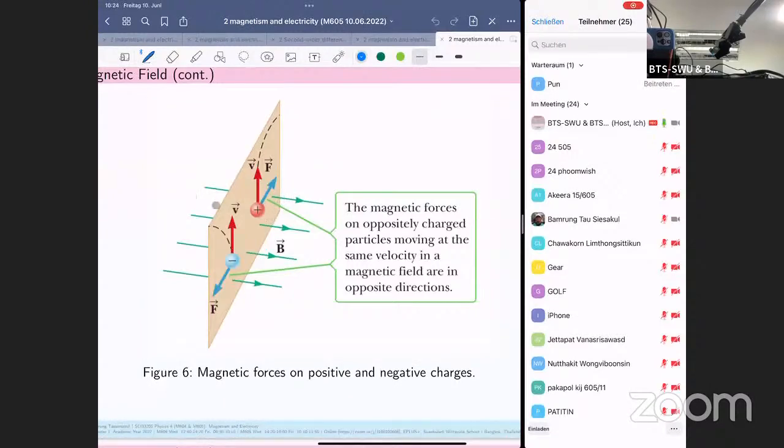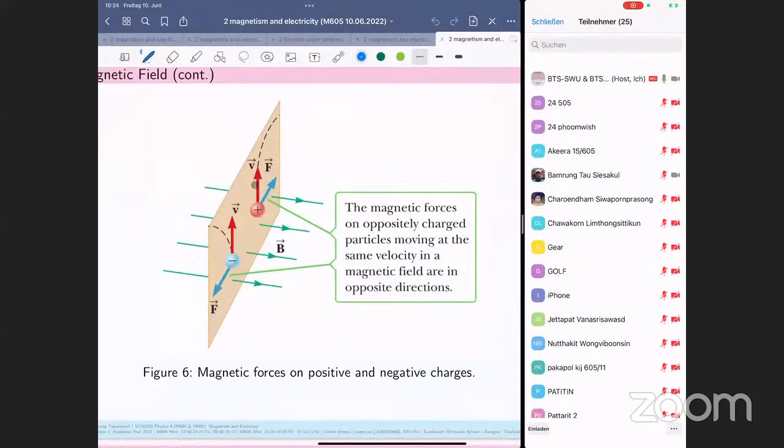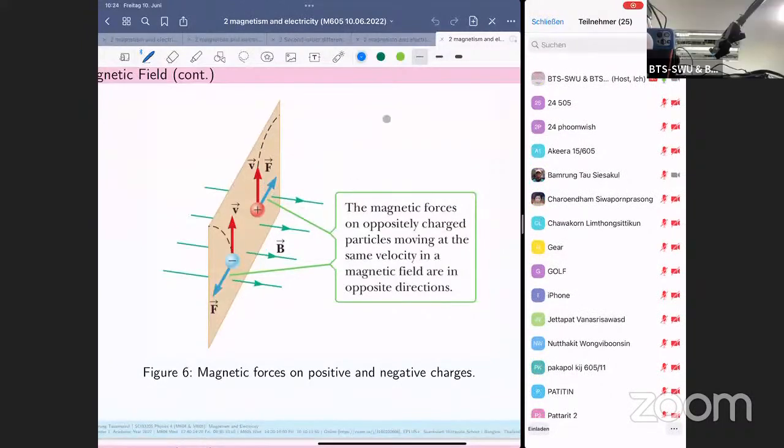The expression is qV cross B. You rotate your four fingers from V to B, from this vector here to this one, and then your thumb direction will go in this way, and that's how we get the induced force direction.